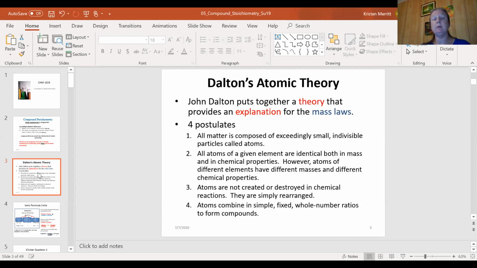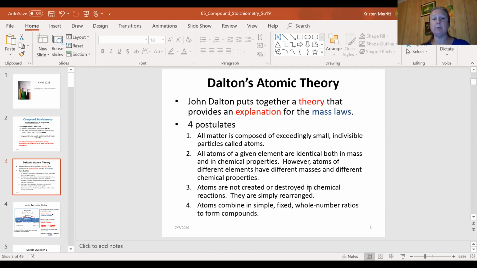But at Dalton's time, the atom was the smallest particle. But all atoms of a given element are identical, so all helium atoms will be identical to all helium atoms. All aluminum atoms will be identical to all aluminum atoms. And by the same token, all molecules are the same if it's an identical molecule. All water molecules will behave like every other water molecule.